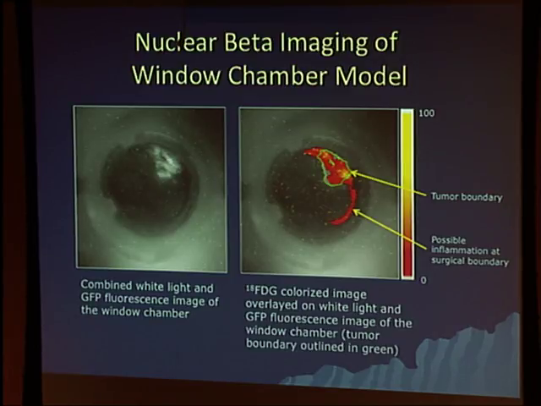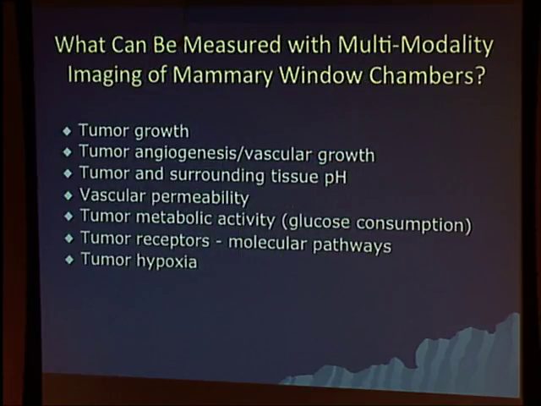So this is just a few examples of the multimodality kinds of imaging that you can do with this window chamber. And I think it's really a very powerful technology that will allow us to look at tumor growth, angiogenesis, all the vascular properties of the tissue, look at things like pH and everything associated with hypoxia and molecular processes, why tumors are so acidic, and can you use that to advantage to make more effective drugs.